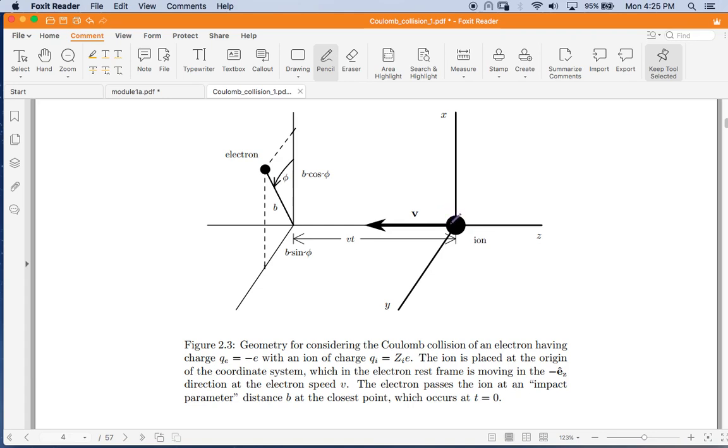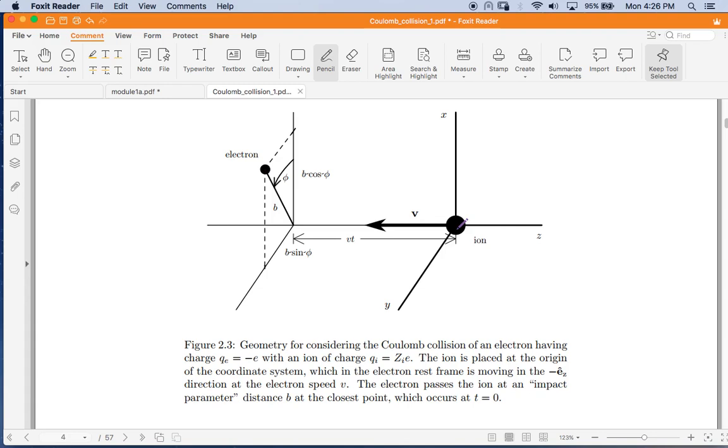In the lab frame, the ion is indeed stationary, and the electron is whizzing past. The ion is placed at the origin of the coordinate system. It's sometimes a little more convenient to shift to the electron rest frame, where the electron is at rest and not whizzing past. So in the electron rest frame, the ion is moving in the negative z direction at speed v. In the lab frame, of course, the electron is moving in the positive z direction at speed v.